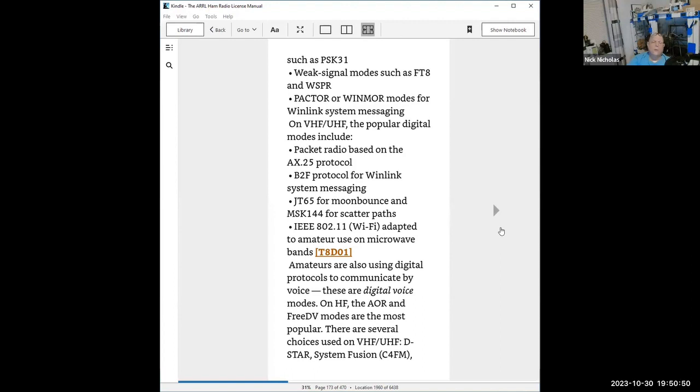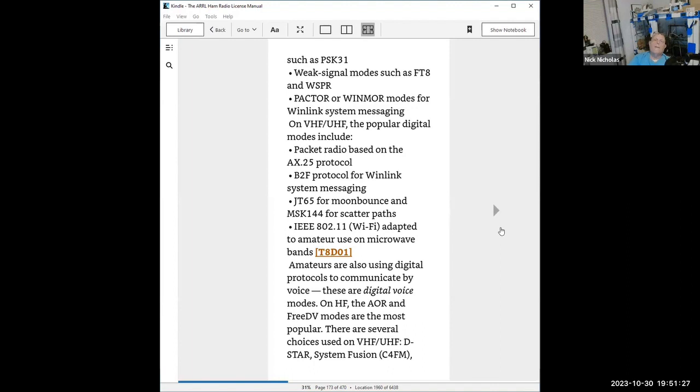I'll tell you to read up on the details, guys, because there's way too much to cover there. But everything from your Wi-Fi at home to your text messaging on your cell phone is based upon the same concepts of protocol. They're varying protocols, but they're all based on the same techniques.